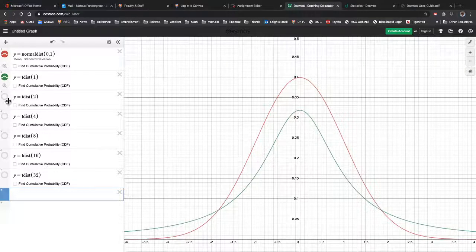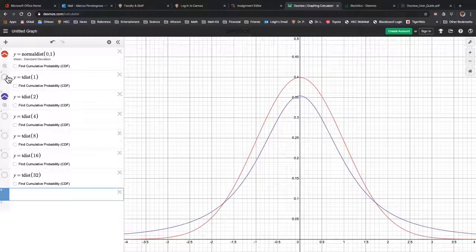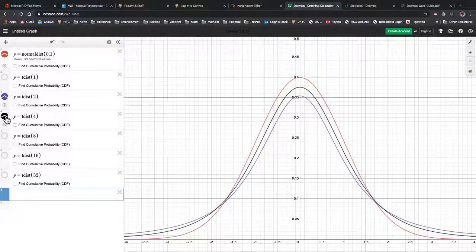Here is the t distribution with 2 degrees of freedom. So it's the purple curve you see there. It again has a smaller peak, but not as small, and heavier tails. Let's remove the 1 distribution. So now you're just seeing the purple curve, the t distribution with 2 degrees of freedom. Next, the t distribution with 4 degrees of freedom. You can see it's between the t distribution with 2 degrees of freedom and the standard normal curve. I'm going to remove the 2 distribution now.